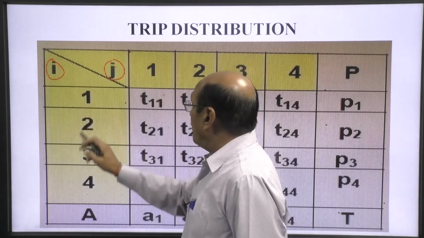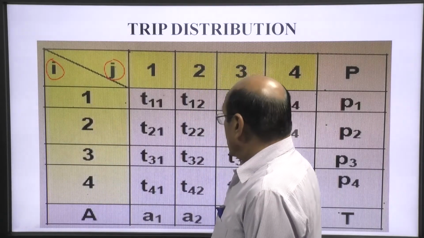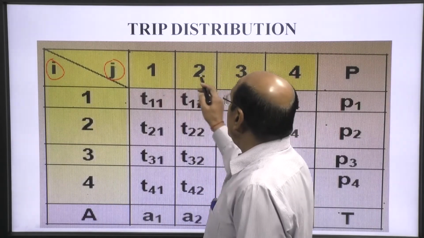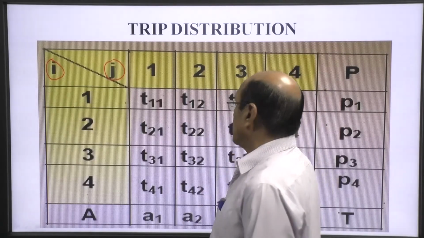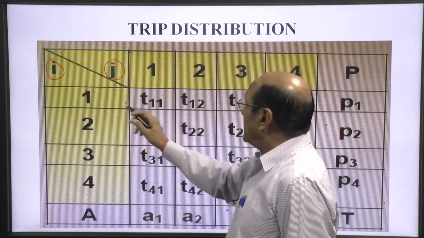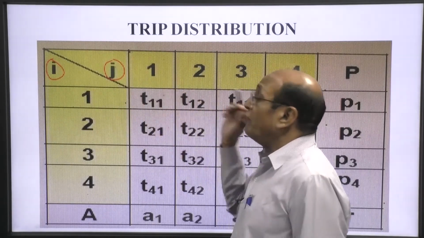This is zone 1, 2, 3, 4 and this is the summation. This is zone 1, 2, 3, 4 and the total. So, here the number of trips from zone 1 to zone 1 will be T11.